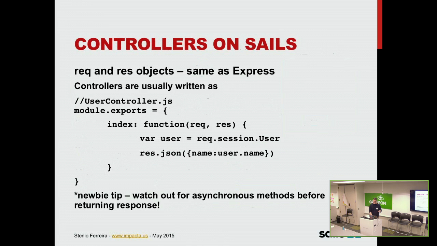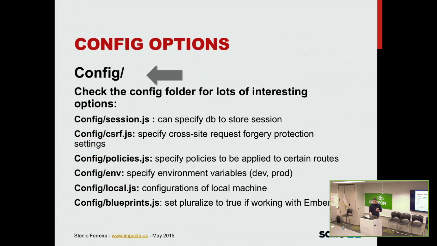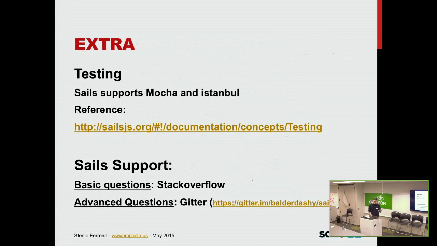Just a brief mention, if you guys are not familiar with Express, how controllers work. And this is the link to the Socket.io example, GitHub. And Sails has this great folder called config. There's all these cool configuration variables that you can change at your leisure. For instance, if you want your sessions to be recorded locally or in a MongoDB or in Redis. Oh, and for testing, Sails comes with Mocha. That's it.